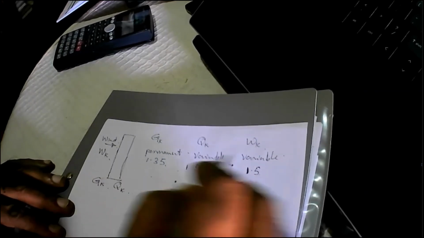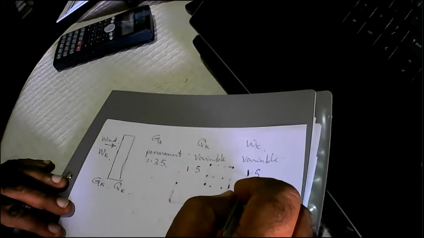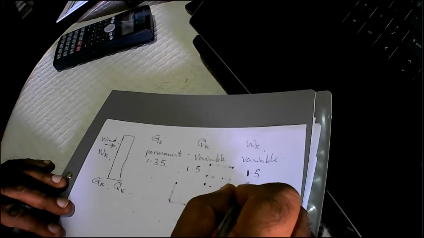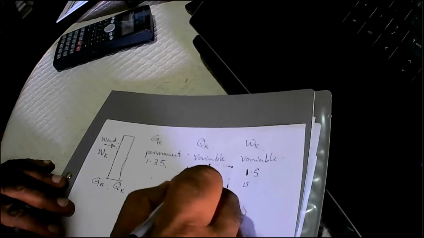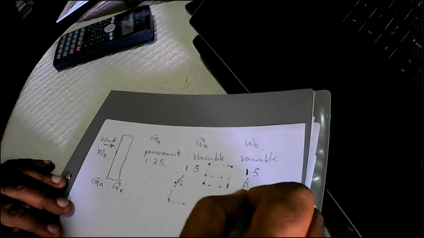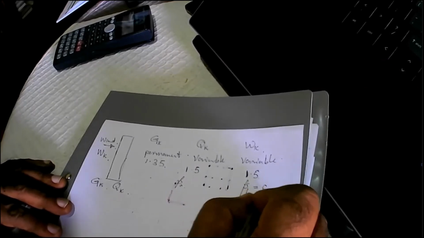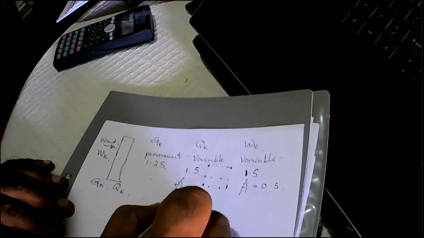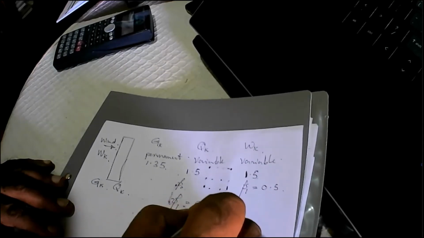When this is dominant, this will be the additional variable load, and then you have psi naught value and psi 1 value, where this psi value will be 0.5, and here the value will be 0.7.